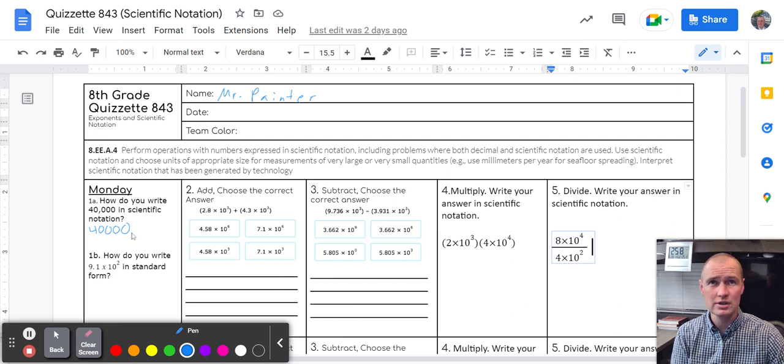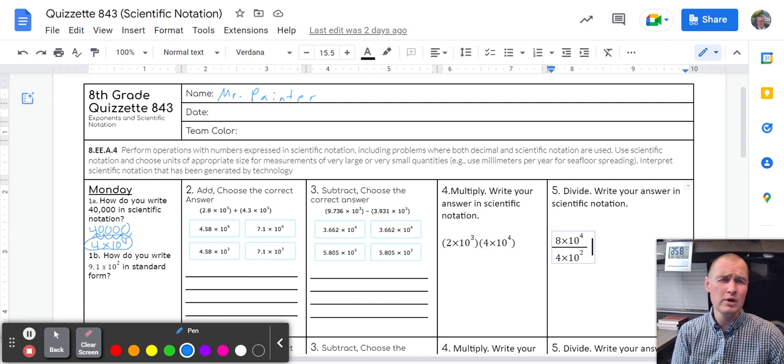So we're going to take the decimal and move it over 1, 2, 3, and 4 right there. So what happens is we have 4 times 10, and because we moved it 1, 2, 3, 4 times, to the fourth power. So yes, it was that easy. So 4 times 10 to the fourth power will be our first answer for 1A.